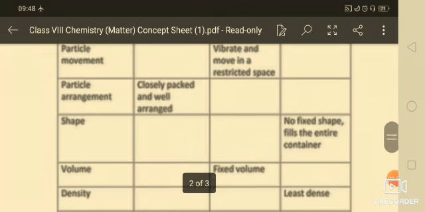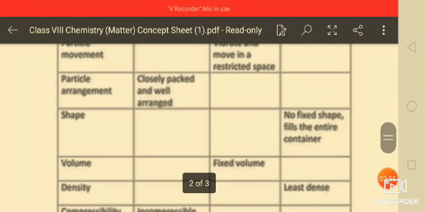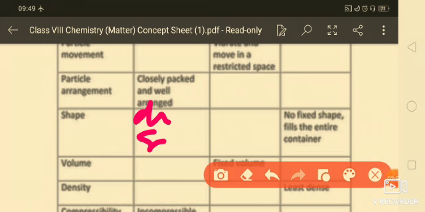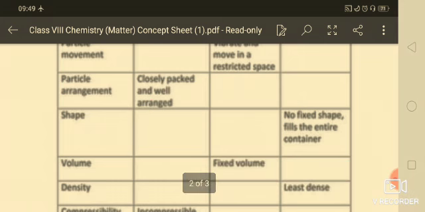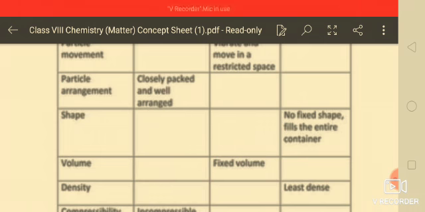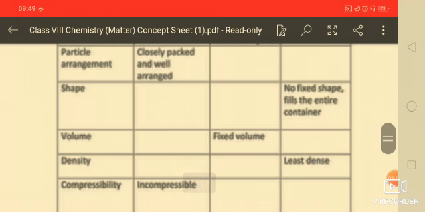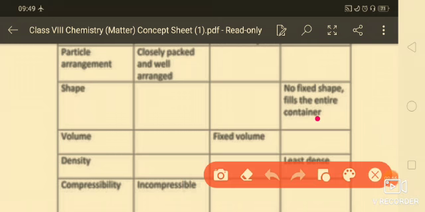Next one is shape. Solid has a definite shape. Liquid does not have a definite shape; it takes the shape of the container in which it is kept, but it has a fixed volume. In case of gas, it has neither a fixed shape nor a fixed volume. Next one is volume.